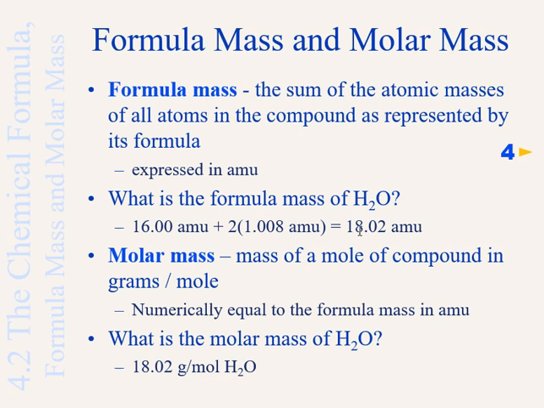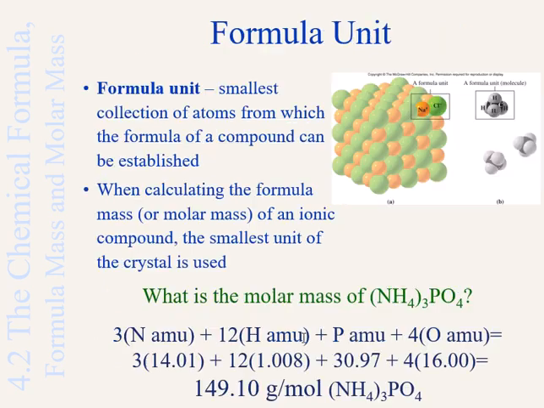Similarly, if one molecule of water has a mass of 18.02 amu, the mass of 1 mole of this molecule will have the same number but with the unit of grams. So 1 mole of water, known as the molar mass of water, has a mass of 18.02 grams. That's your covalent compound, water.